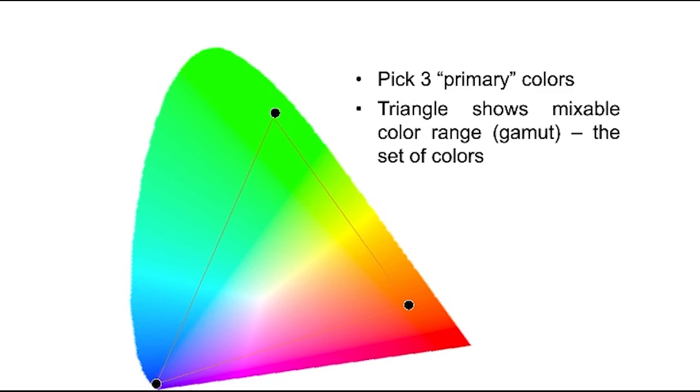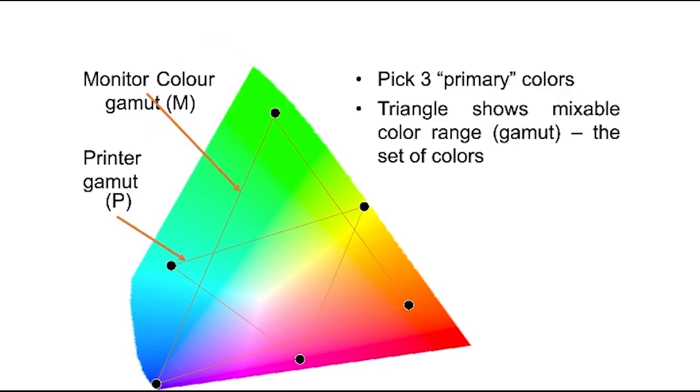First, we make a triangle for that gamut: the first triangle is the monitor color gamut and the second is the printer color gamut. Now when we have to add or subtract in set theory, we are going to understand with the help of this color segment how to add or subtract.